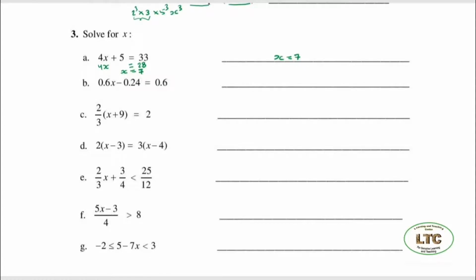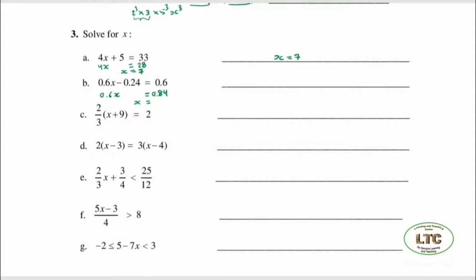6. Also you leave x alone on the left. You add 0.24 to the left hand side. Then negative and positive cancel, 0.6x. You add 0.24 to the right hand side. 0.6 plus 0.24 is 0.84. After that, you divide the left hand side by 0.6. It leaves x alone.